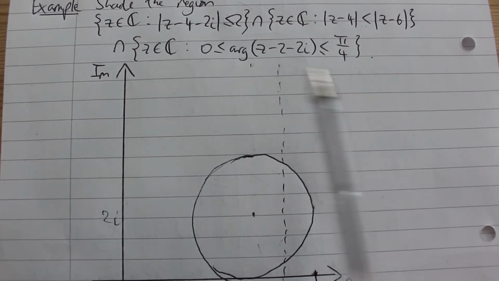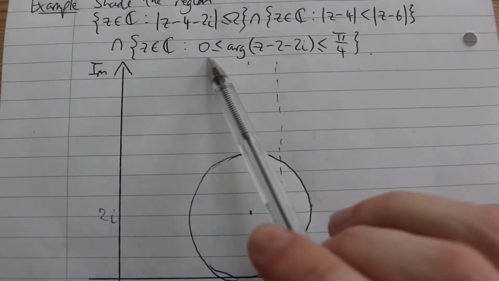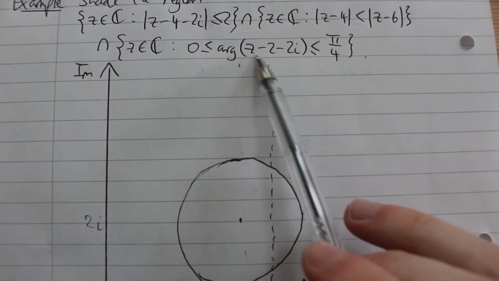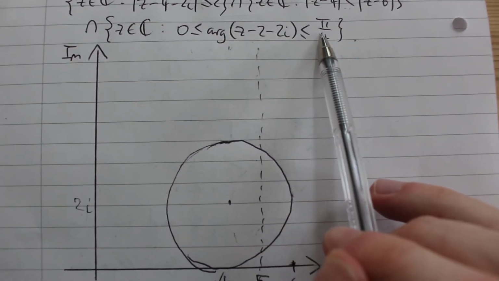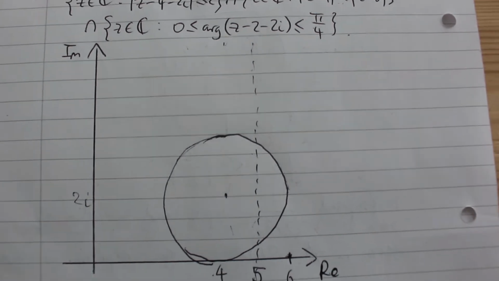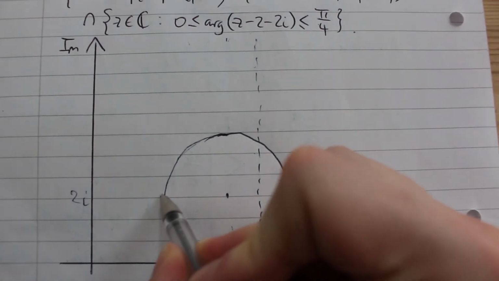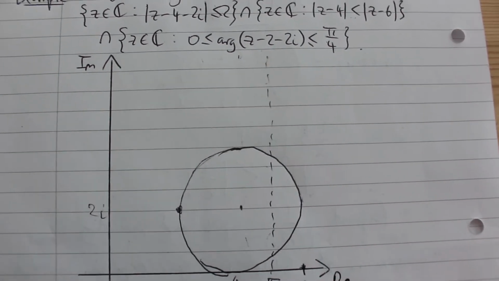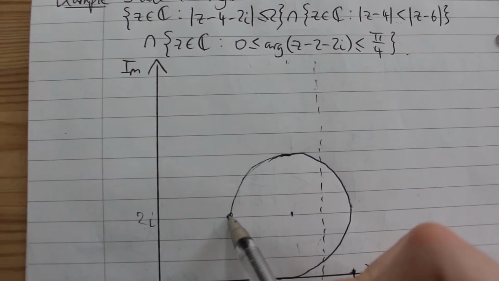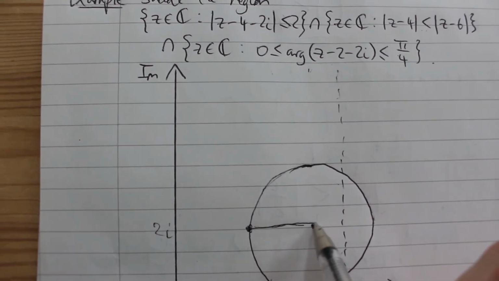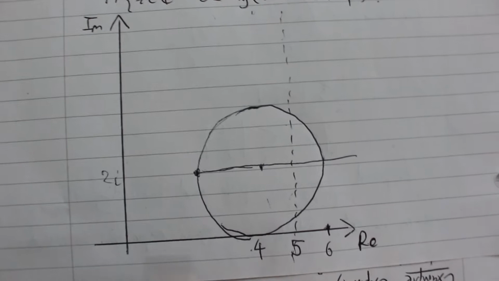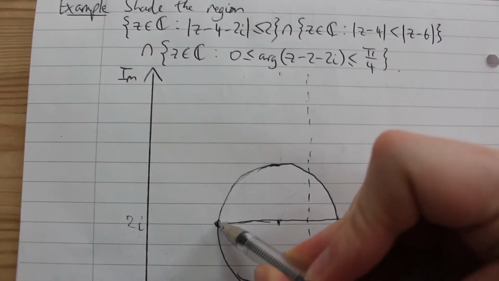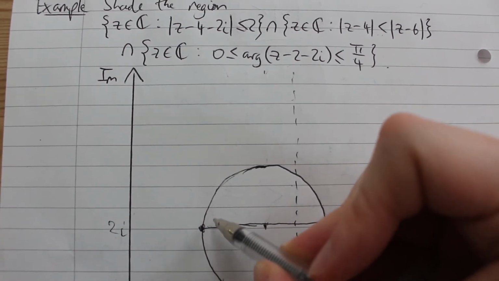And then the final set: we want the complex numbers such that the argument of z minus 2 minus 2i is less or equal than pi by 4. So 2 plus 2i is over here. We've got a non-strict inequality, so I can draw a solid line here, parallel to the real axis, and we want the argument to be between 0 and pi by 4.